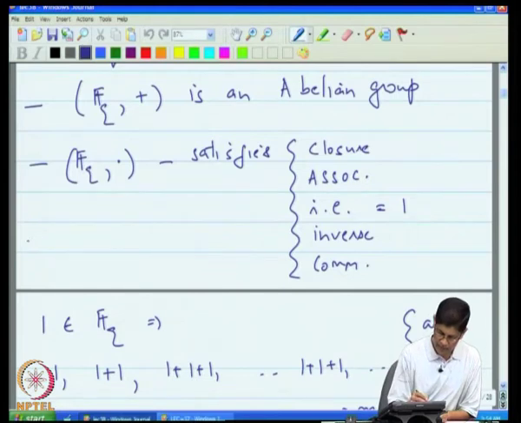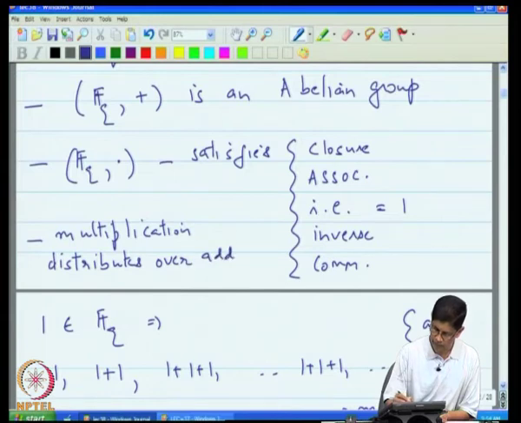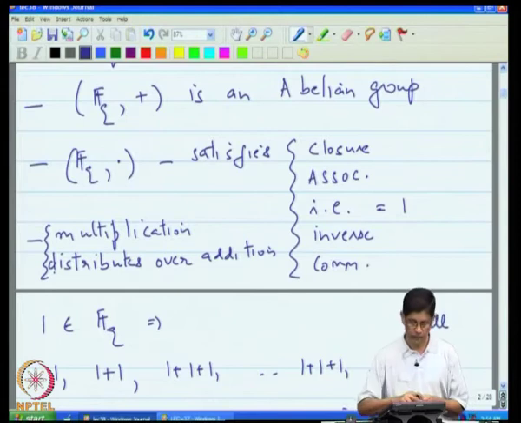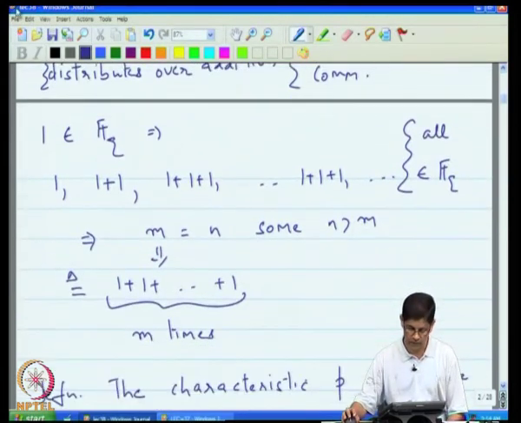And in addition, multiplication distributes over addition. We want to make use of this and try to deduce the structure.